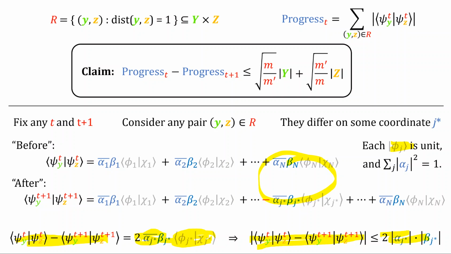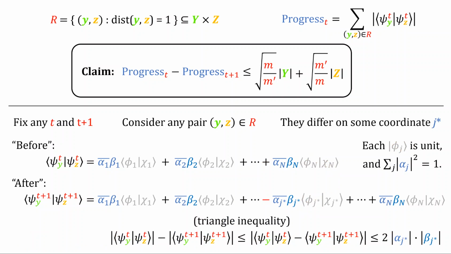Well, there's a lot of math going on, but we have to soldier on. So one small thing we'll do to make it look even more like the difference of progress is we'll use the triangle inequality here. It's a little bit hard to see, and maybe not the way you're most used to seeing the triangle inequality. But here we have the difference of two absolute values, and that's at most the absolute value of the difference. That's the triangle inequality, just written in a funny, backwards form.